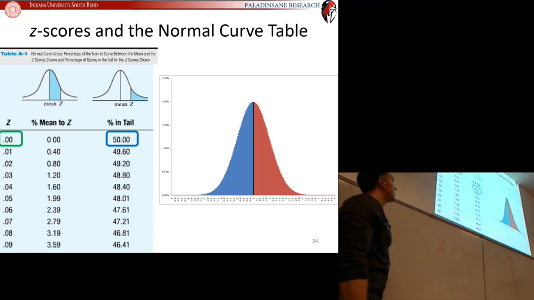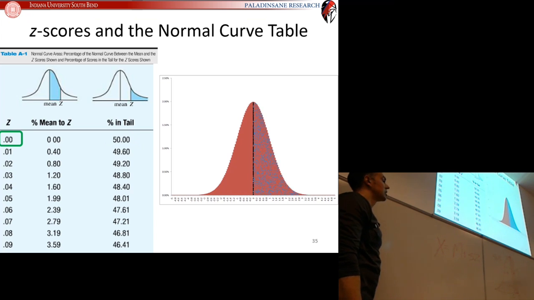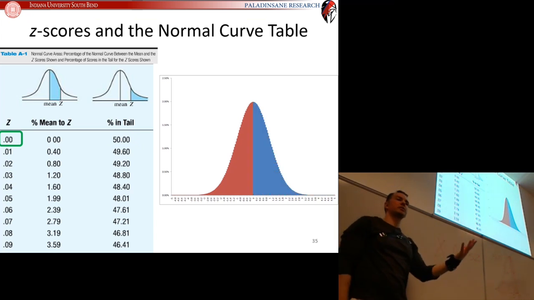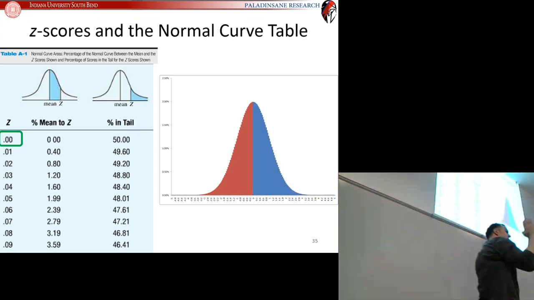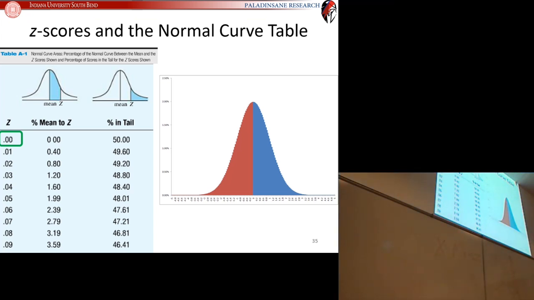The proportion above is going to be 50%, once again because the z-score of 0 cuts it in half. And then the proportion between the mean and your z-score is going to be 0 because your z-score is right at the mean. So there's nothing in between 0 and 0. So that's the first little bit of weirdness.